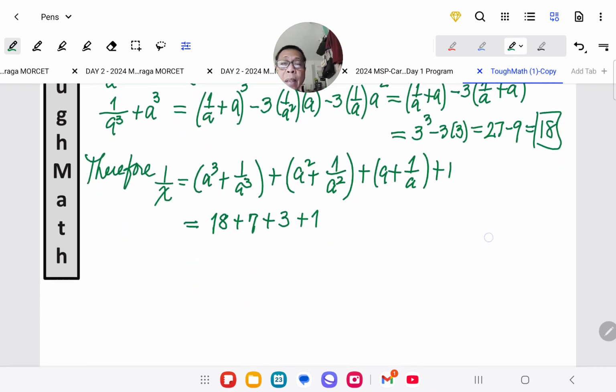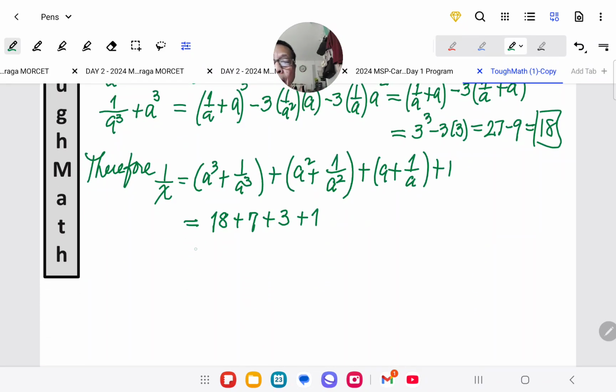So that gives us 29. And hence x is equal to 1 over 29.